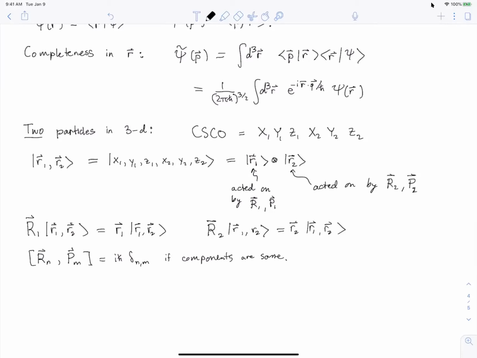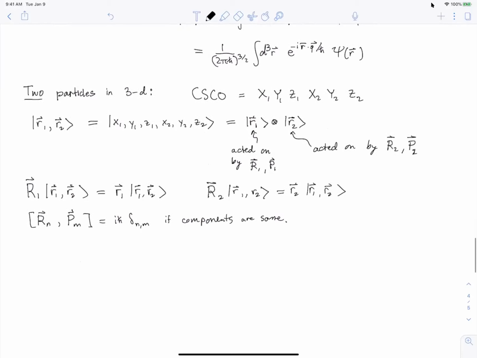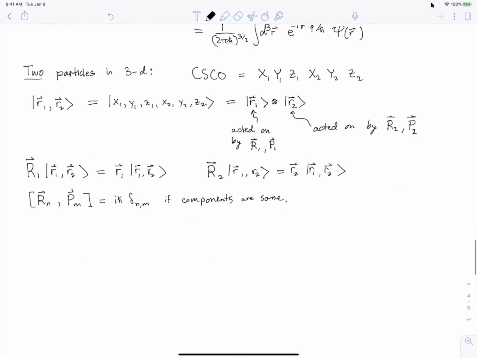Okay, so the reason for doing all that is now we can talk about translations. So we want to write down a translation operator, for example, for a system of two particles. And the way we do that is we write the exponential of minus i a, the vector, dotted into P1 plus P2, over h bar.